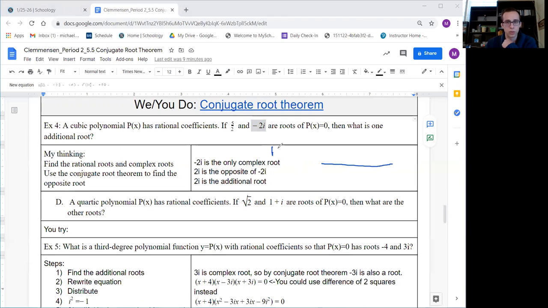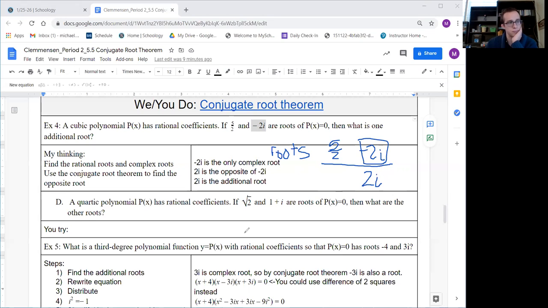My roots for this one so far are 5 halves and negative 2i. My conjugate root theorem only tells me that my extra root will be of the i form. i's and square roots are the only ones that work. So I take the opposite of my negative 2i and get a positive 2i.